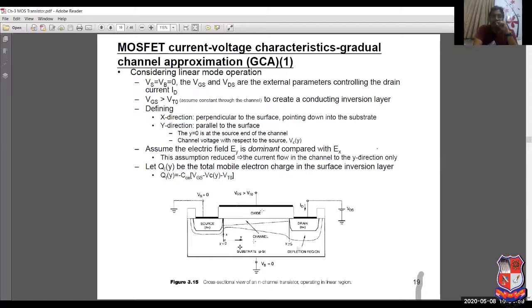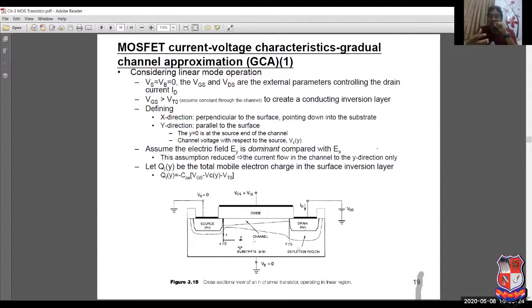Assume that the electric field EY is dominant. We are assuming that the electric field in the Y direction is dominant compared to the X direction. So we are assuming that the movement of electrons is more affected by the linear movement, in the horizontal direction, rather than the vertical direction. This assumption reduces the current flow to the Y direction only. So why is this an approximation?